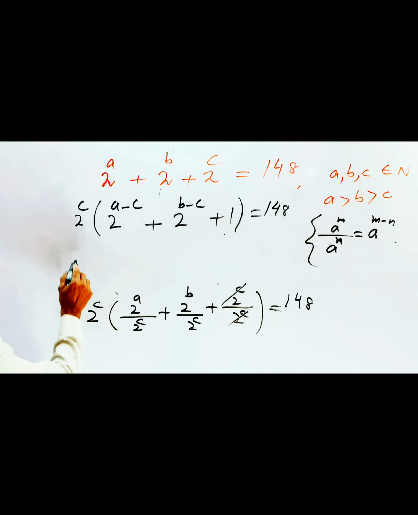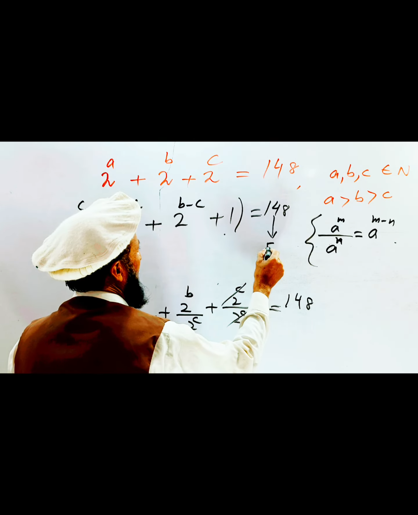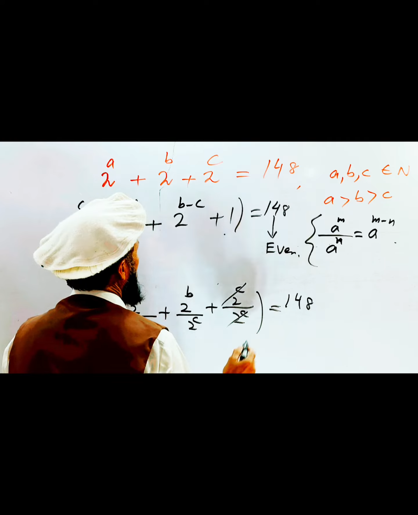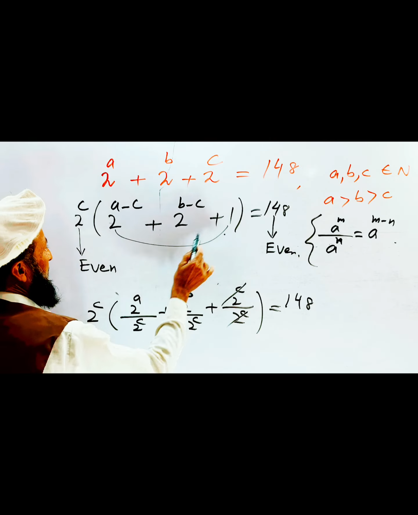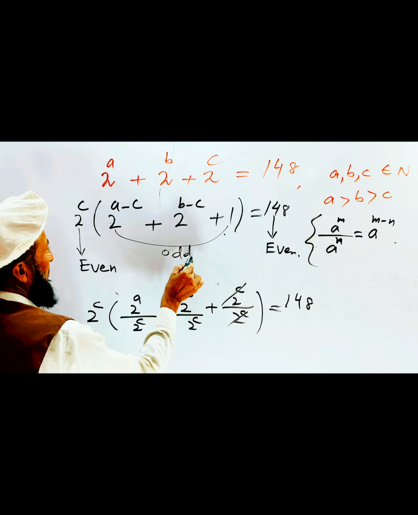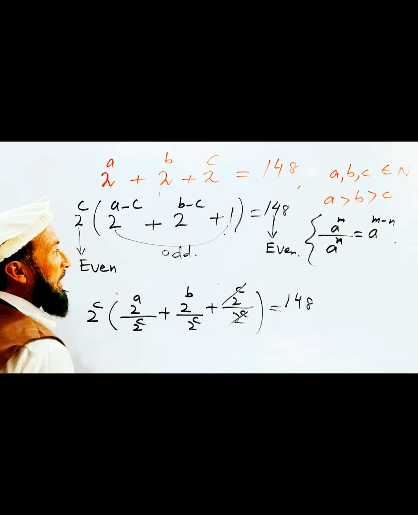Now this term is an even number, and similarly 148 is also an even number. But this term is completely an odd number, and the right side is also an odd number.